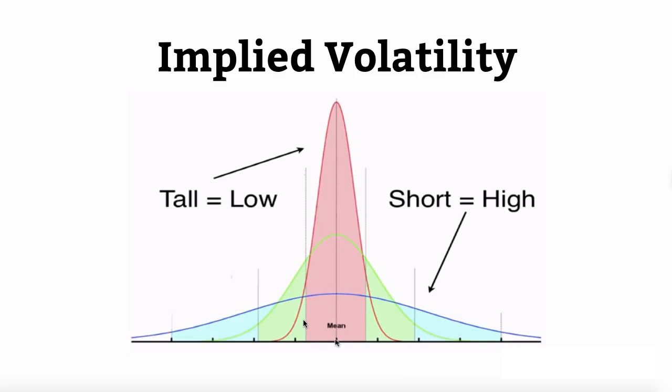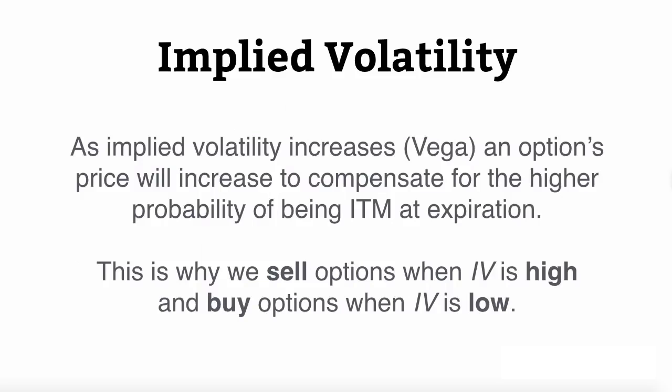Compare this with 68% of the time when implied volatility is low, it's going to have a much shorter or narrow window to trade within. So you can see now that implied volatility is a critical ingredient to your ability to be successful, but it's also this understanding of how implied volatility shapes and molds this distribution graph that we use.